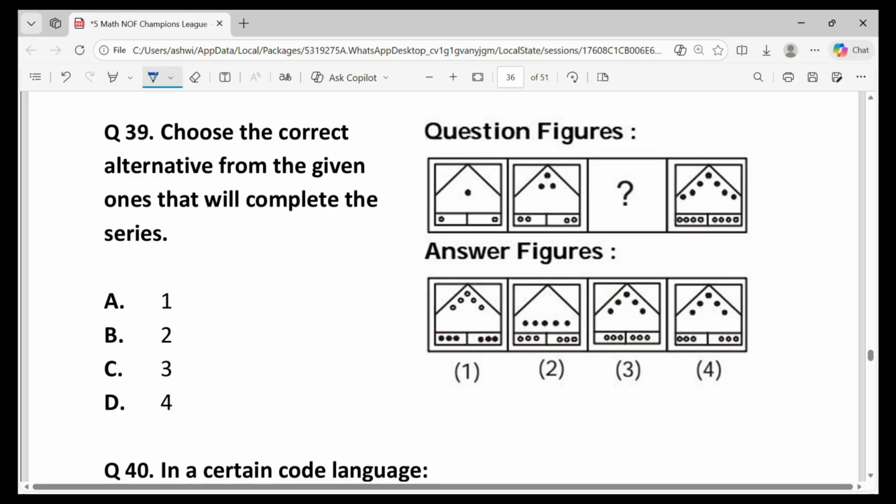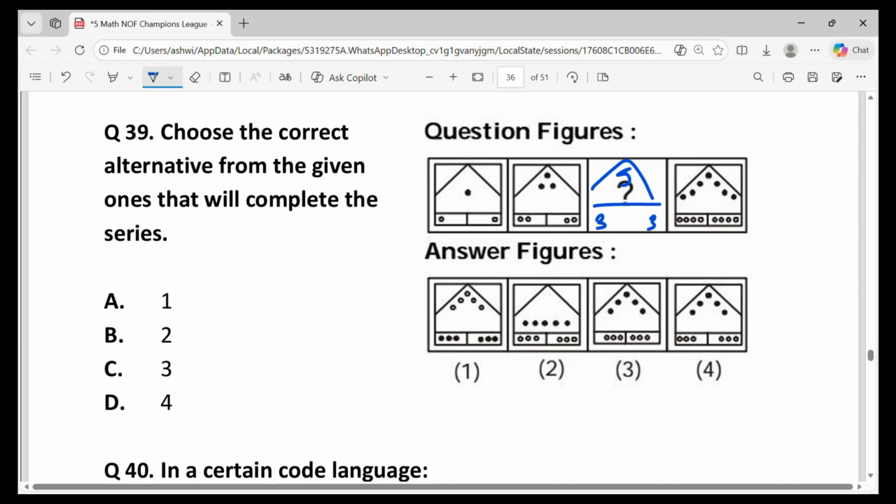Question 39. Choose the correct alternative from the given ones that will complete the series. In the question figures, we can see it starts with 1, then 3, and a blank, and then it moves to 7. So in this figure, the top triangle will have 5 dots, and the bottom boxes will have 3 on each side.